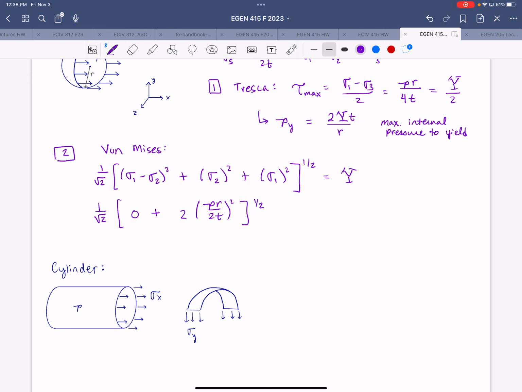And then the square root of that value in brackets. And then solving for the pressure associated with that yield stress, we get 2 times capital Y T over R. So same result.